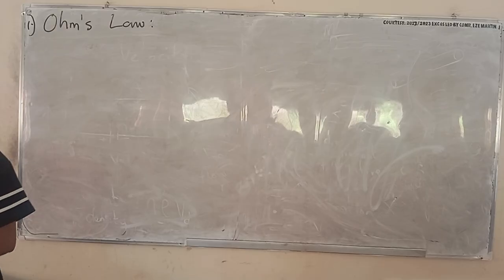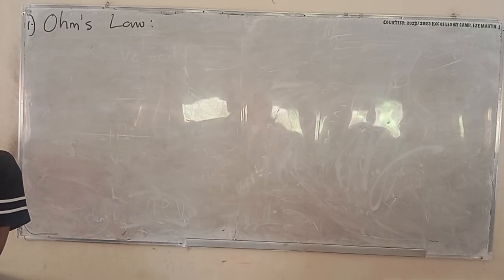The work done in moving a unit charge through a metallic conductor is directly proportional to the output. You write current for me.